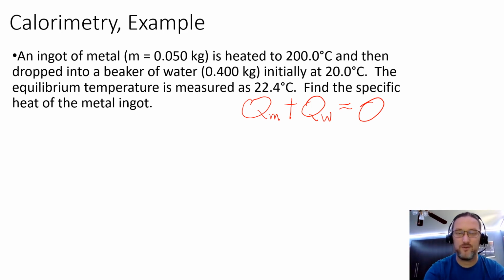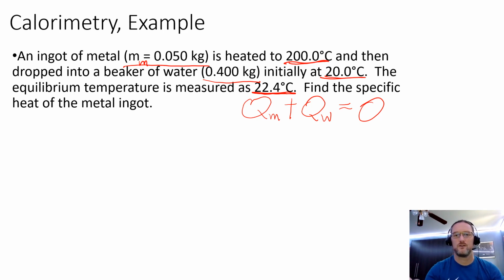Now remember, the final temperature of both things is the same. Their initial temperatures are, of course, very different, and their masses are different. So let's call this mass metal, and that 0.4 kilograms mass of water, right?